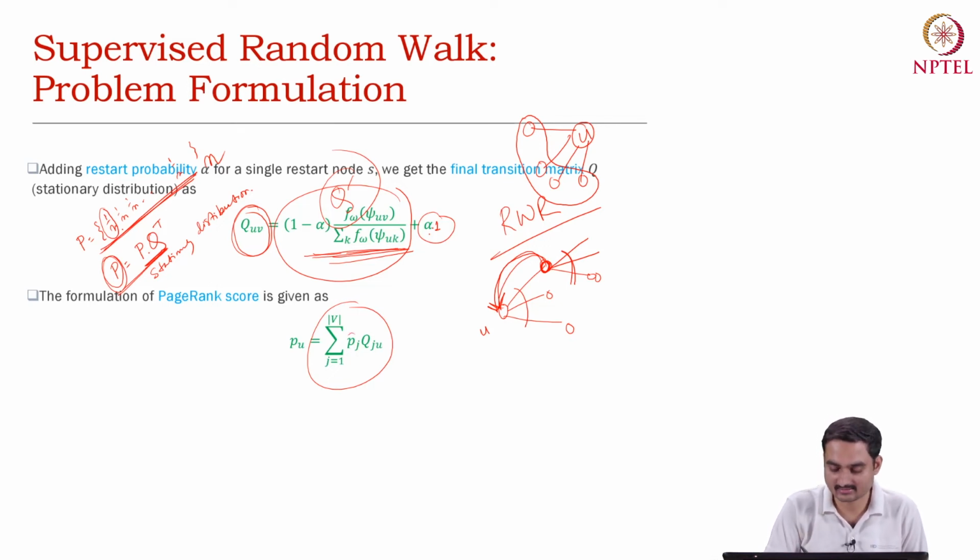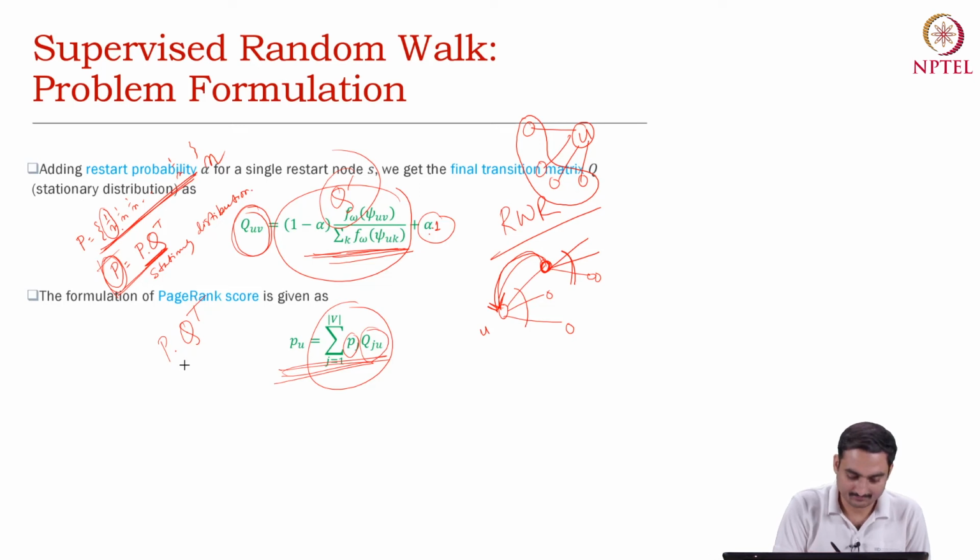In our case prestige is basically P. And how do we know which are the neighbors? You will get it from Q. So for every node you are calculating this. If you write it in matrix form, you are basically multiplying P times Q. Now, once we reach the stationary distribution, you are done.